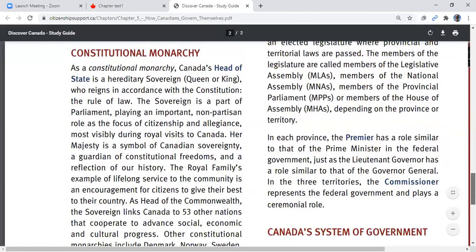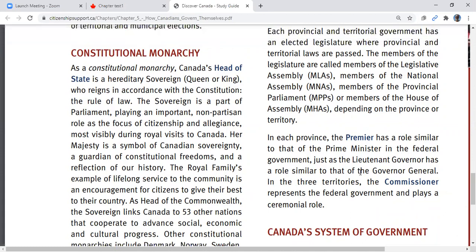We'll do it together. And then finally, Zeniba, could you read this one, please? In each province, the premier has a role similar to that of the Prime Minister in the federal government, just as the lieutenant governor has a role similar to that of the Governor General.